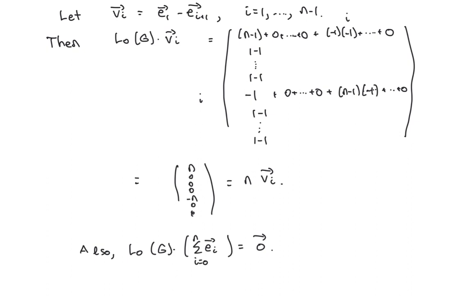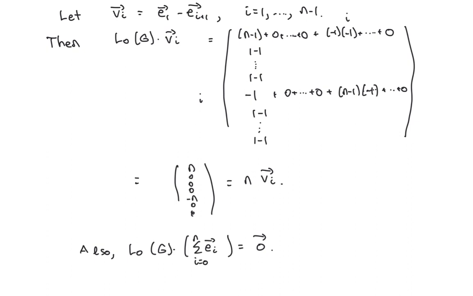That's 1 in the ith spot and 0 everywhere else. Let's see what happens when I multiply this vector by the Laplacian of the complete graph. Well, if I multiply the first row by v, I'm going to get n minus 1 for the first entry, -1 times -1 for the ith entry in the sum, and then everything else is 0.